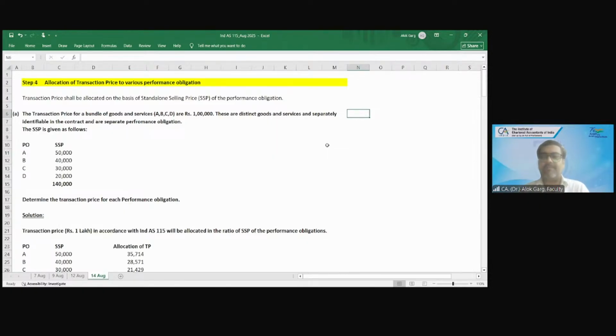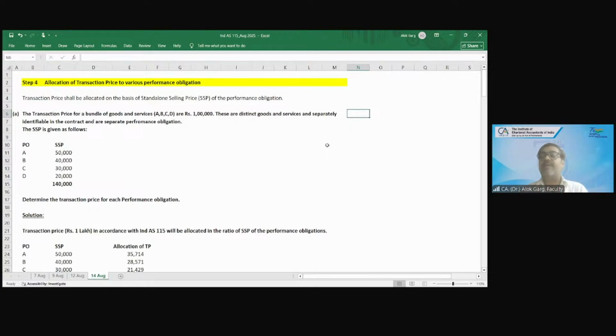In the first step, I told you one important concept: revenue has to be recognized only to the extent the collection of consideration is probable. That was one of the important concepts. Then we also talked about the contract term and contracted units. We did some examples also.